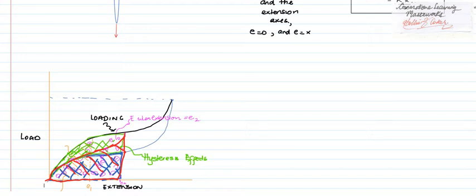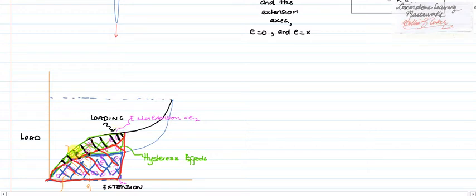This little region here, that little region there, is actually energy we can't account for. It's a loss, energy that's not available in our propulsion system. We lose that amount if we load up to this point, then we release.